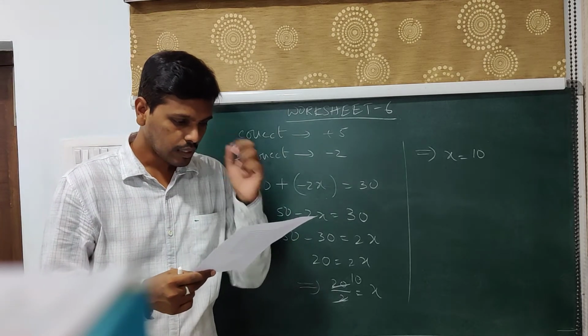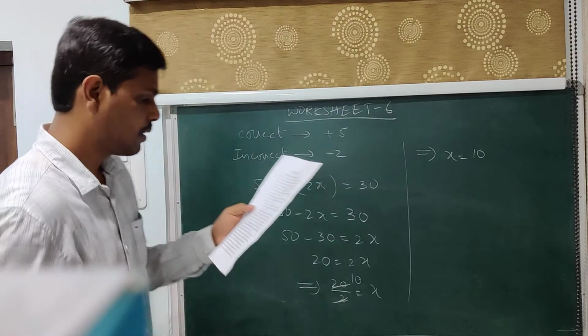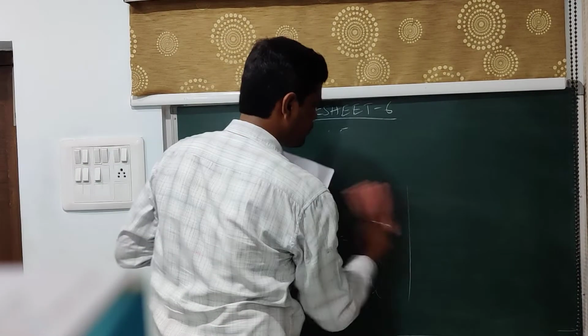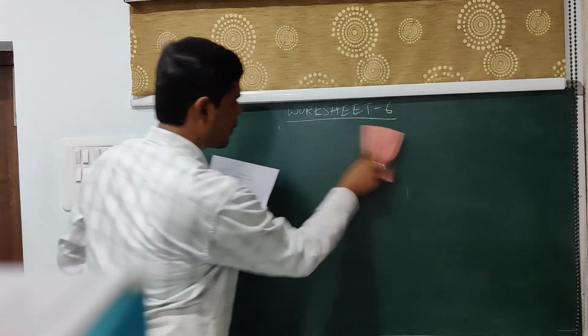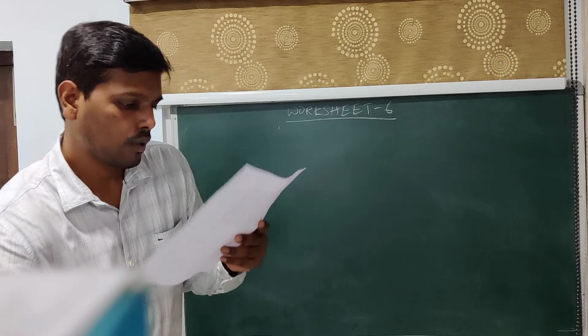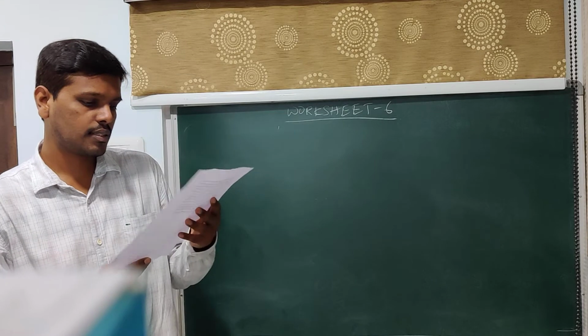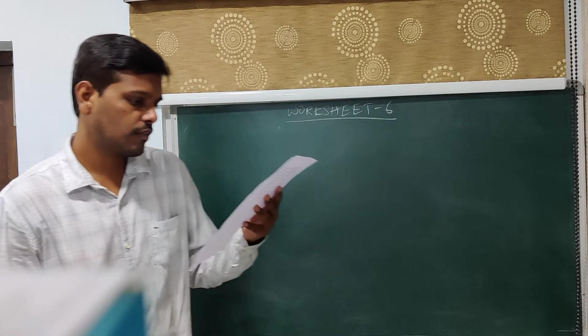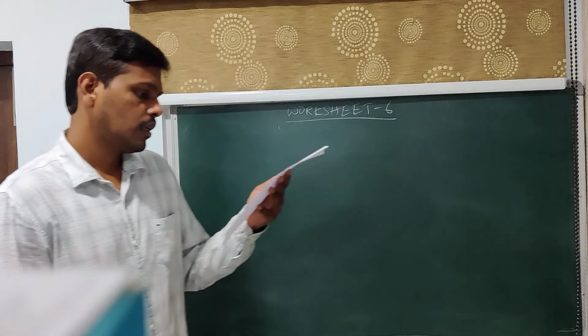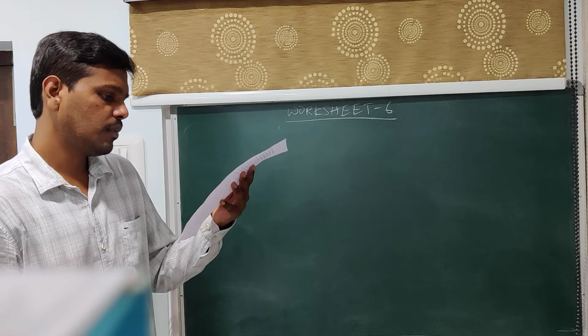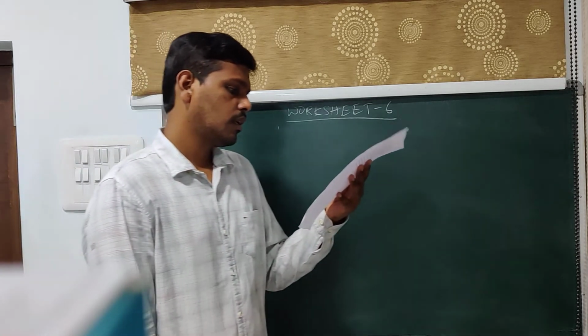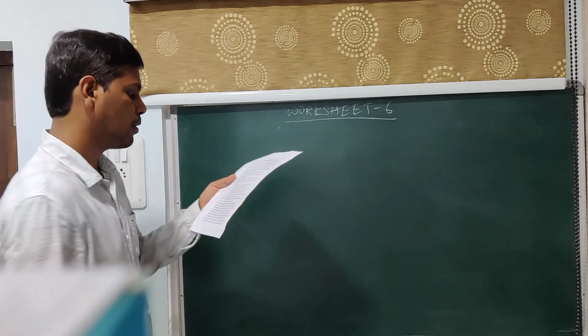Next. Look into the third one. A similar kind of question again. In a class test containing 15 questions, 4 marks are given for every correct answer and minus 2 marks are given for every incorrect answer. And one of her friends, Hema, answers only 5 questions correct. What will be her total score? Okay.